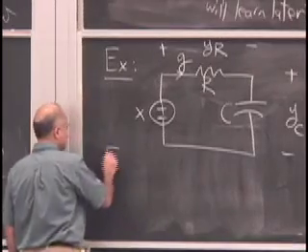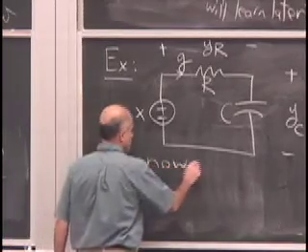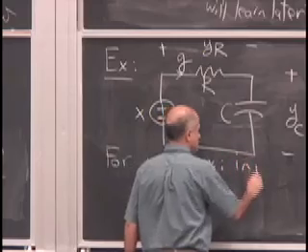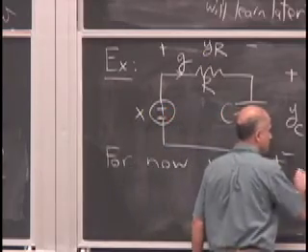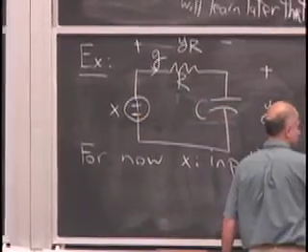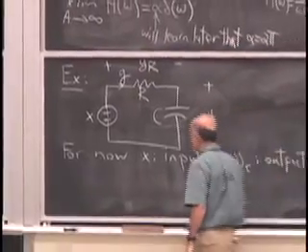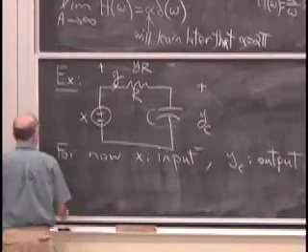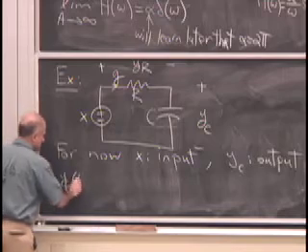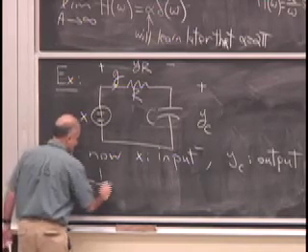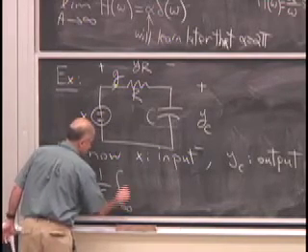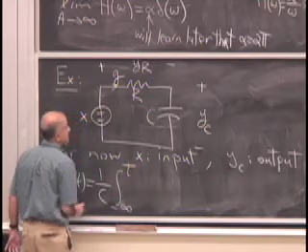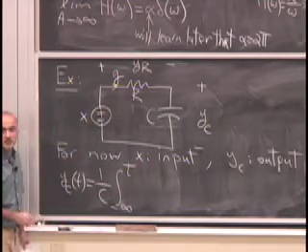So for now, X is input, YC is output. The voltage across the capacitor at any given time is 1 over C integral from minus infinity to that time of the current that goes through that capacitor.